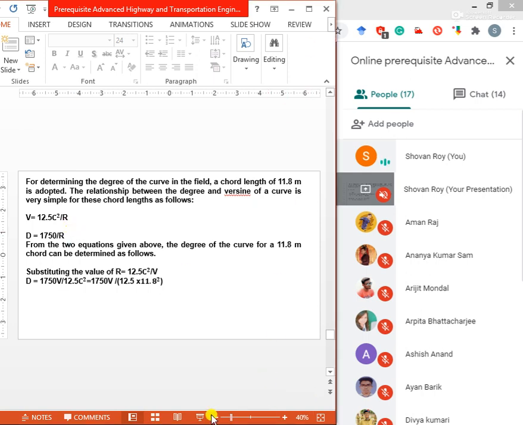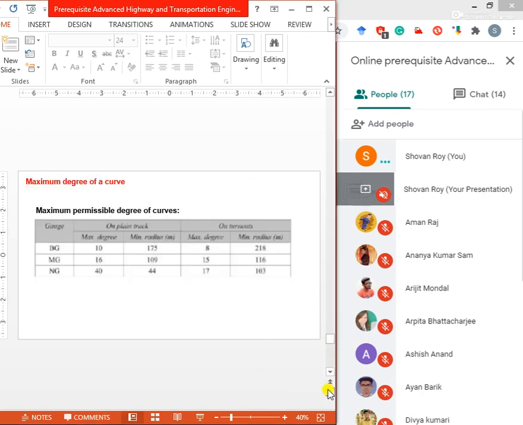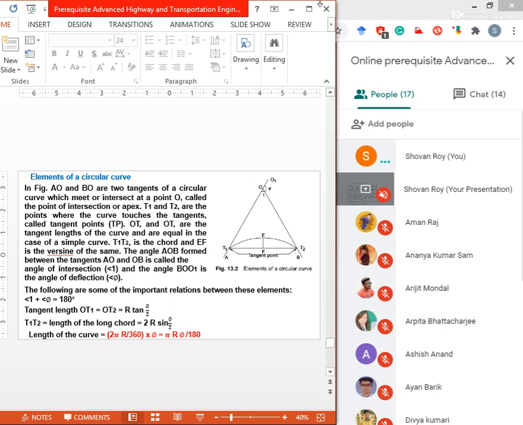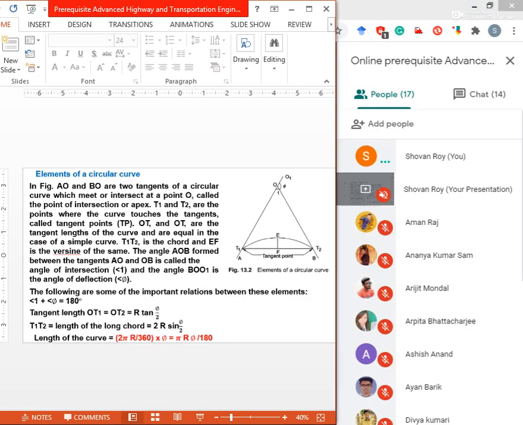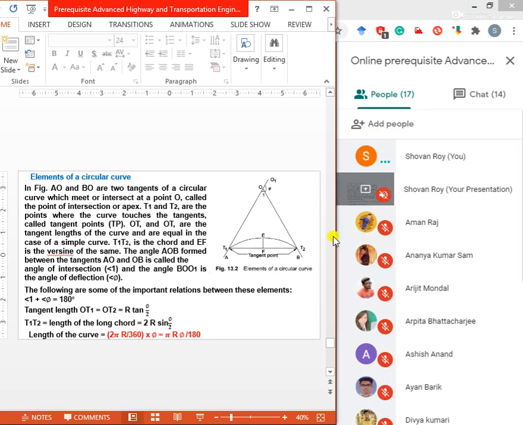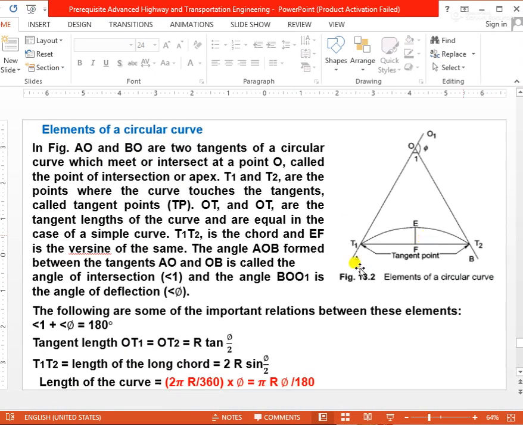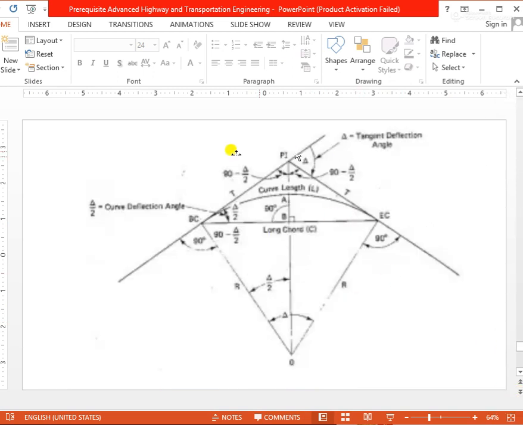Elements of a circular curve. You can see some elements of a circular curve in the figure. Suppose AO and BO are two tangents of a circular curve. Normally this is the actual circular curve.